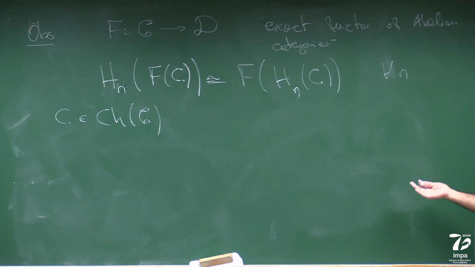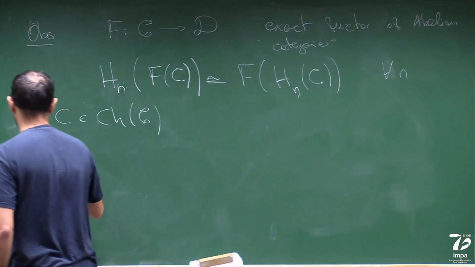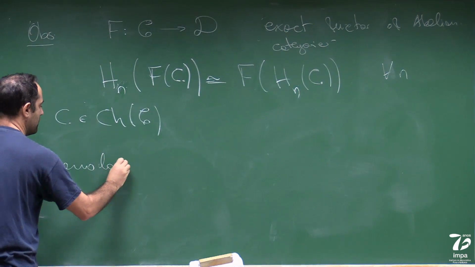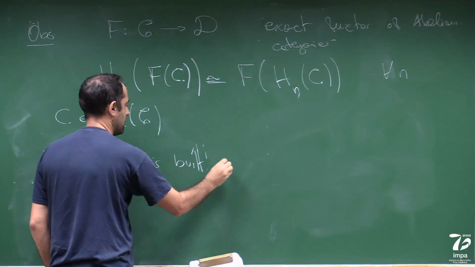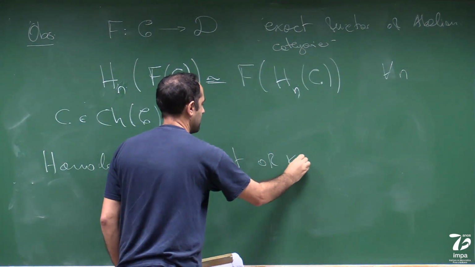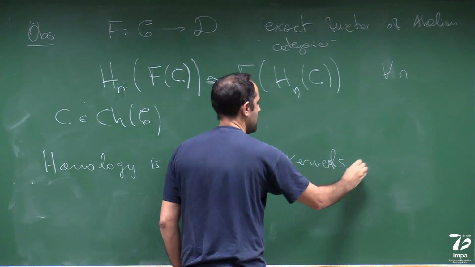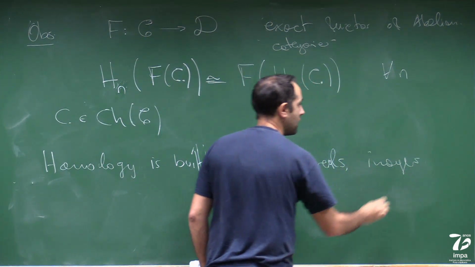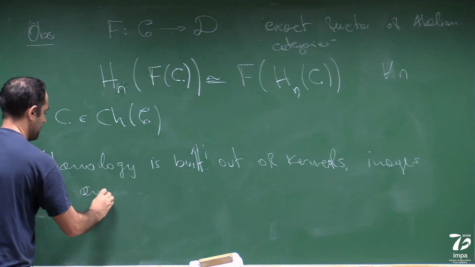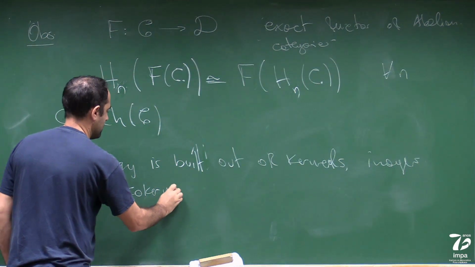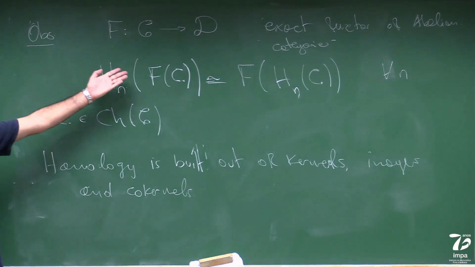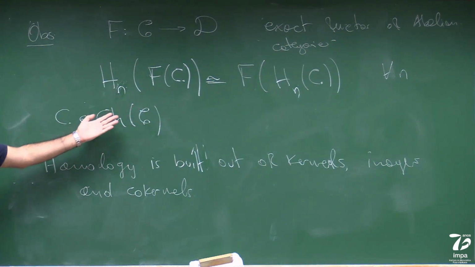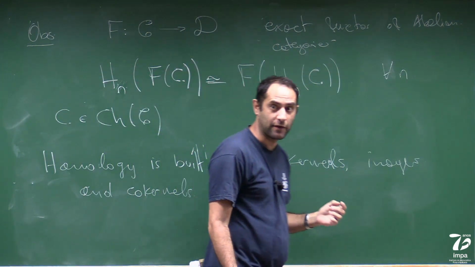This is a trivial observation. Why? Because homology is built out of kernels, images, and co-kernels. You take the kernel of the differential, you take the image of the differential, you divide those two. And exact functors preserve those things. So homology is preserved by an exact functor.